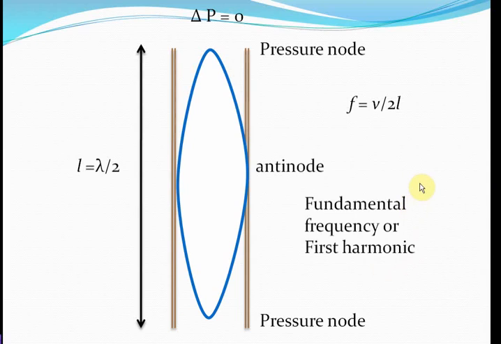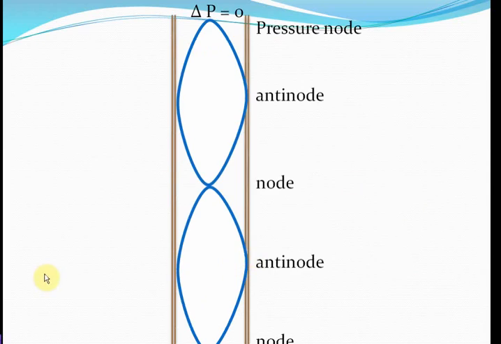This will be the second case when you can put, this will be the next possible set of waveforms which standing waves can assume in an open organ pipe. As you can see, all we've done is added another node, and in this case this length will be lambda by 2 and this length will also be lambda by 2, because node distance is lambda by 2.